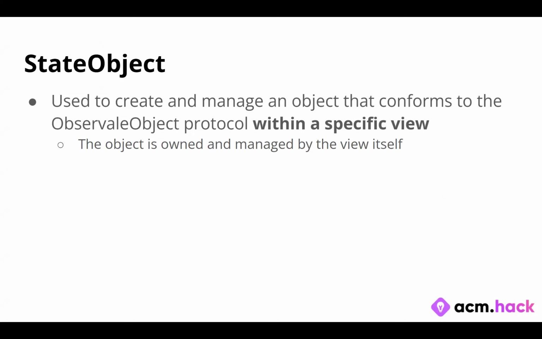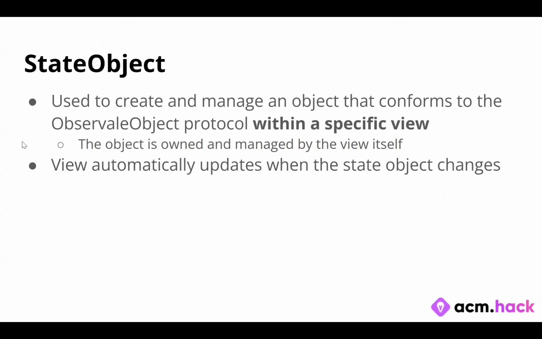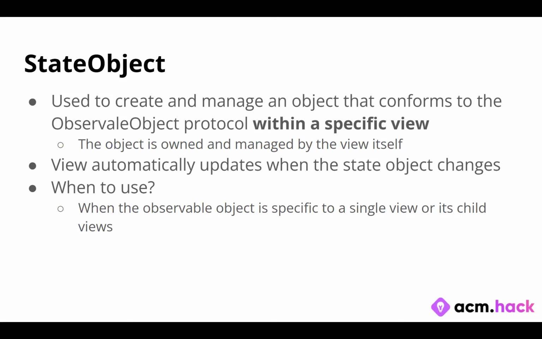In this case, the object is not external like it was for the observed object, but it is owned and managed by the view itself. SwiftUI does some great things, and it'll enable the view to automatically update when the state of this object changes. This is best used when the observable object that the view is watching is specific to that view or subviews contained within it.